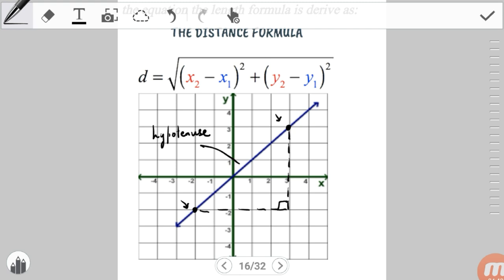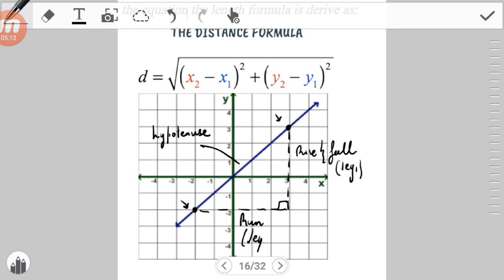So here we would have, say, the rise and fall distance, and we can say that this is the rise and fall. This would be leg 1 or leg 2, doesn't matter. And down here would be the run distance, which naturally would be leg 2.